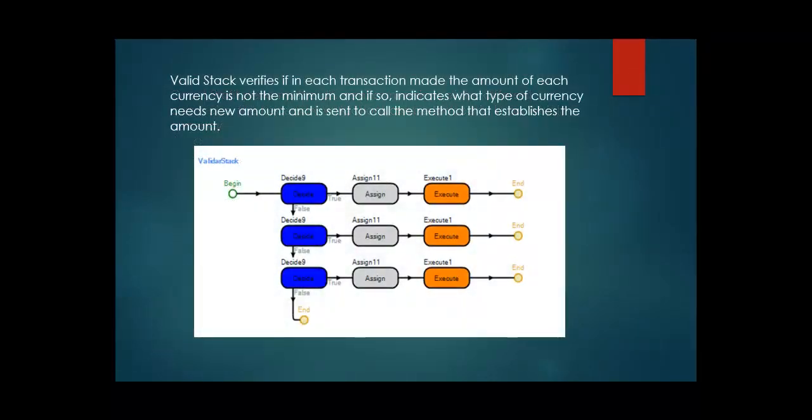Valid stacks verifies if in each transaction made the amount of each currency is not the minimum, and if so, indicates what type of currency needs a new amount and calls the method that establishes the amount.